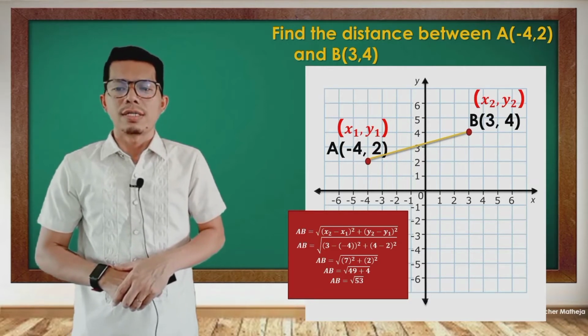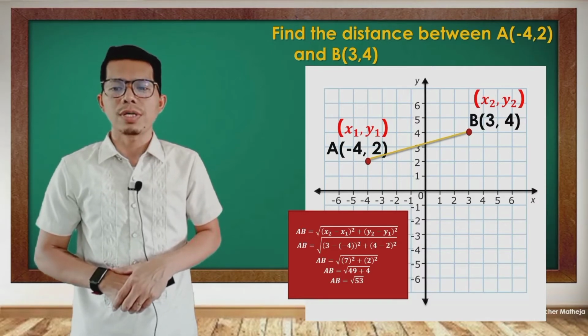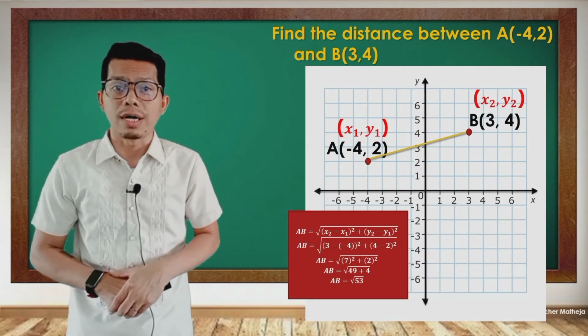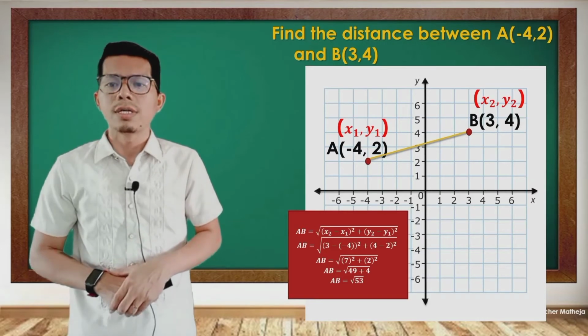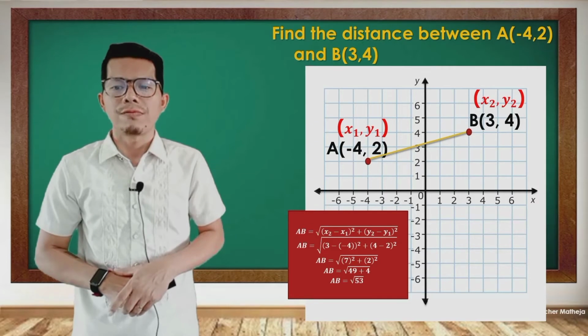Then operate and simplify. 3 minus negative 4 means it's addition because negative times negative is positive. So 3 plus 4 is 7, and 4 minus 2 is 2. 7 squared, meaning 7 times 7, is 49. Then 2 squared, 2 times 2, is 4. 49 plus 4 is 53, and 53 is a prime number.